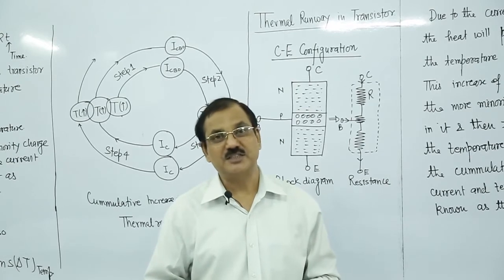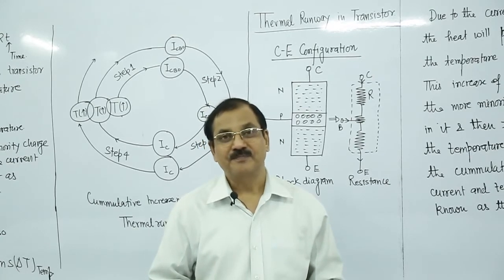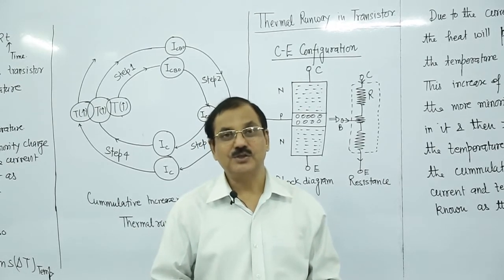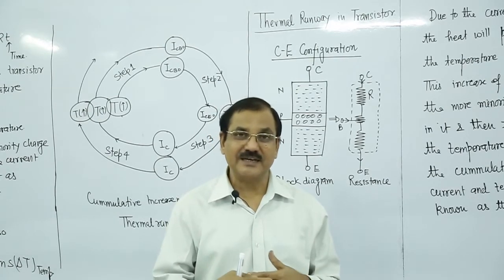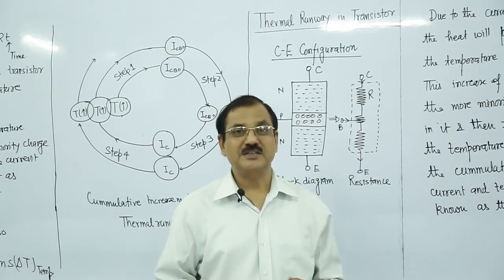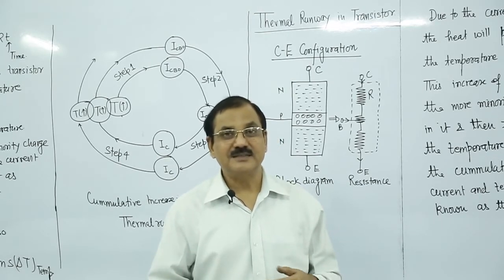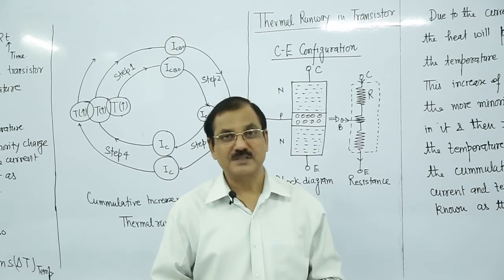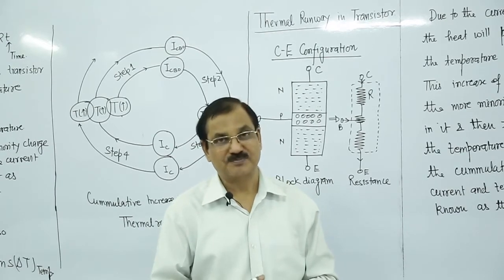And these minority charge carriers enhance the value of current. So this enhances the current, again the heat, then temperature, then current, and this is a cumulative and continuous process.